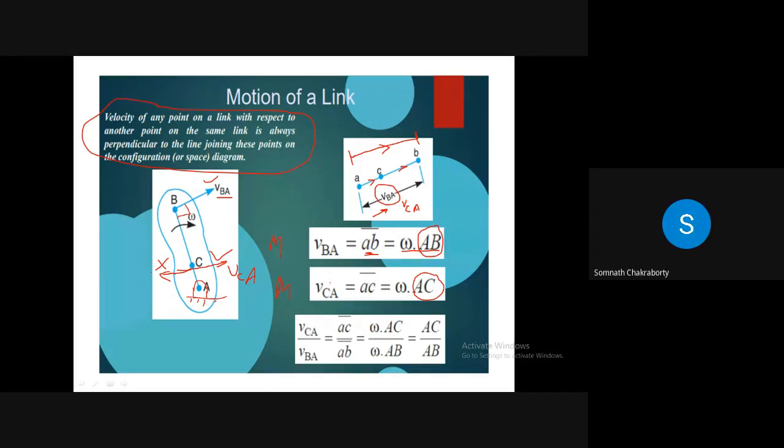Clear? Okay. Now tell me, suppose I take the ratio of this VBA and VCA. So VCA upon VBA is nothing but AC upon AB. Just take the ratio. Let's say equation number 1 and equation number 2, so I divide 2 by 1.